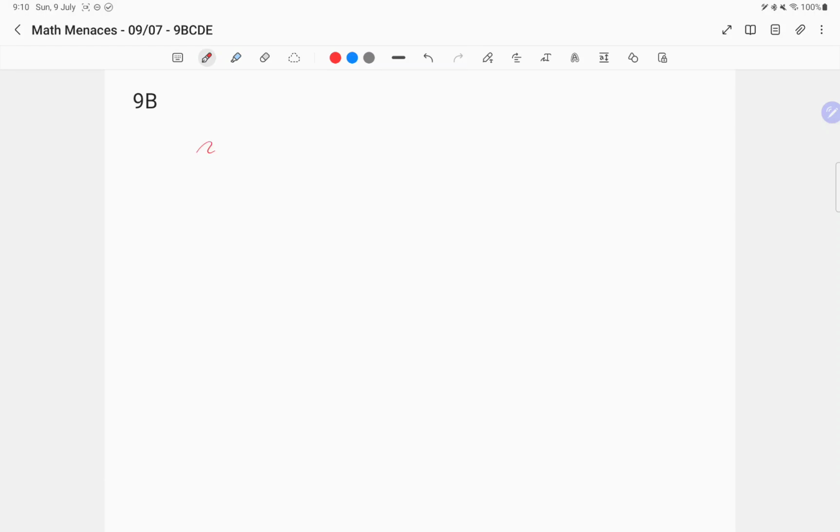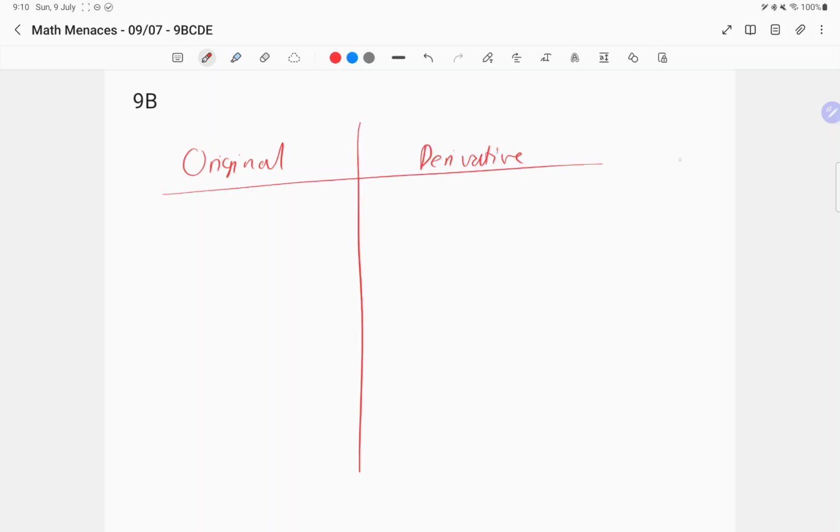Okay. So I will have an equation called the original equation, and then the derivative equation. So far, you guys have been deriving. Let's start with some basic derivative.